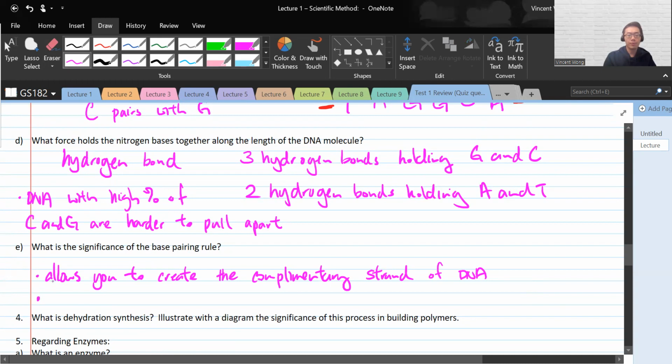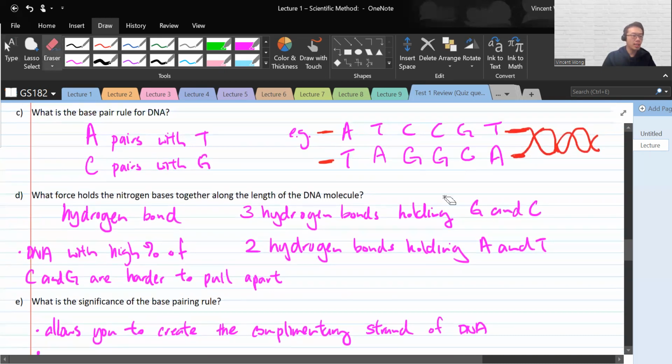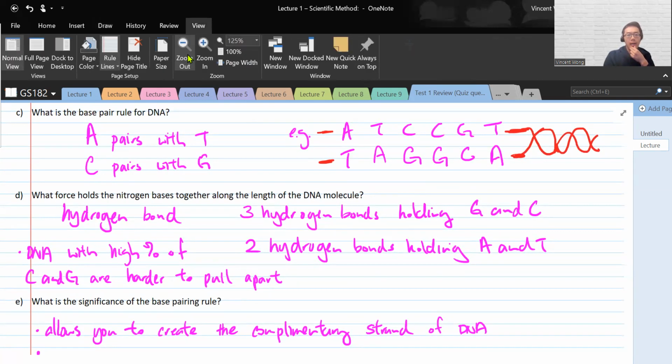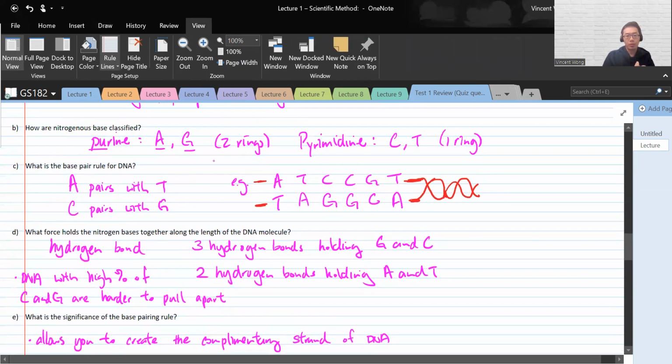Okay, and also, I don't know if you noticed this, but the G and the C, G has 2 rings and the C has 1 ring. A has 2 rings and T has 1 ring, right?